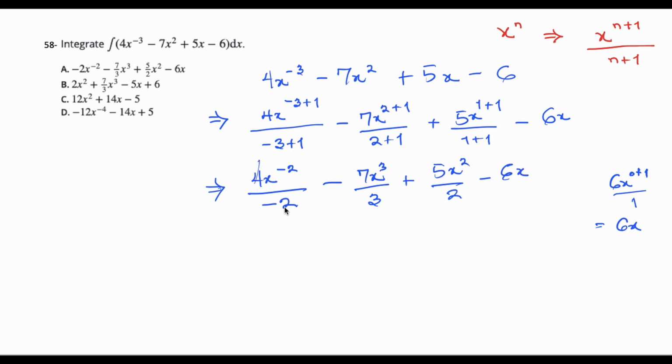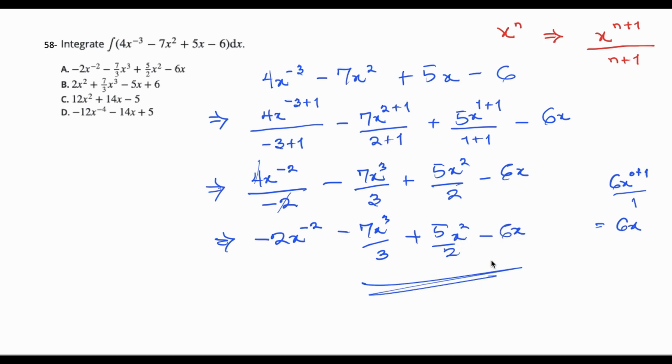So 4 can cancel out minus 2 here to give us minus 2x raised to the power minus 2, minus 7x cubed divided by 3, plus 5 over 2 x squared, minus 6x. So this is our final answer for this problem, and the solution that corresponds to that is our option A.